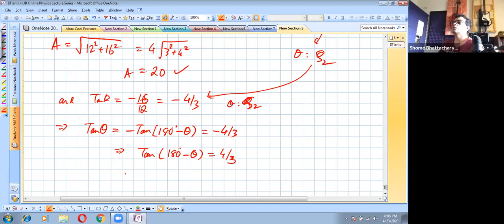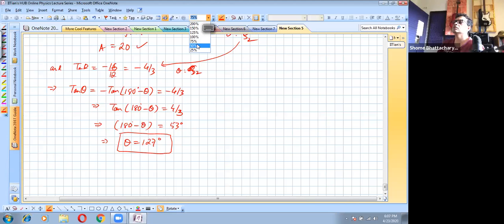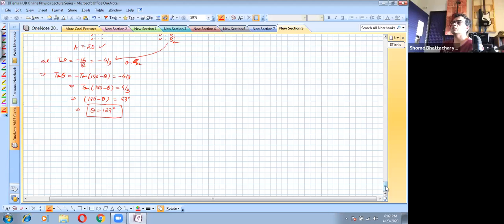So that means now 180 minus theta is an acute angle because you've taken in the second quadrant. So we have just seen that this is happening for which one? This is happening for 53 degrees. Okay, that 3, 4, 5 triangle. So that means theta is how much? Theta is 180 minus 53 or 127 degrees. Okay. So I'll minimize this for you, and as you're going through it, you can visualize the diagram also.